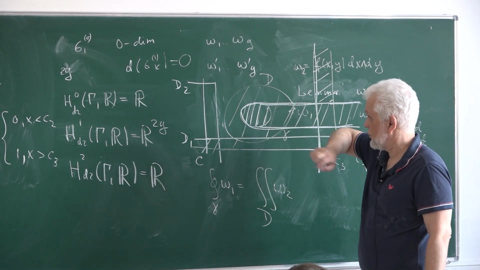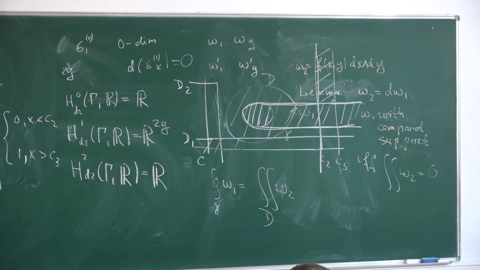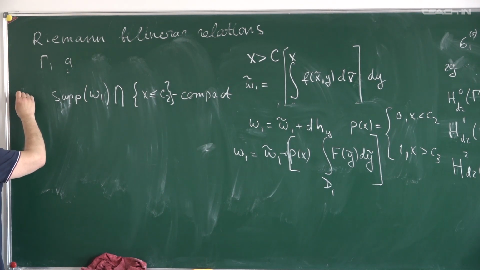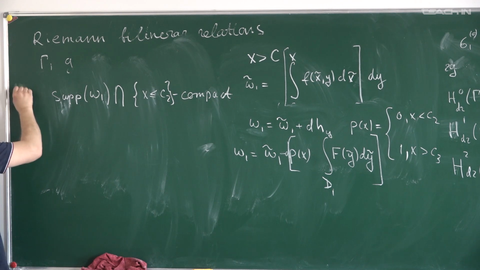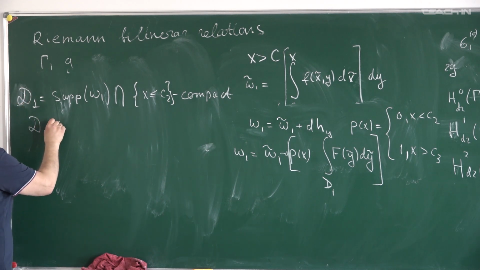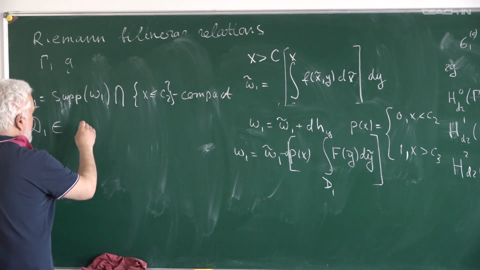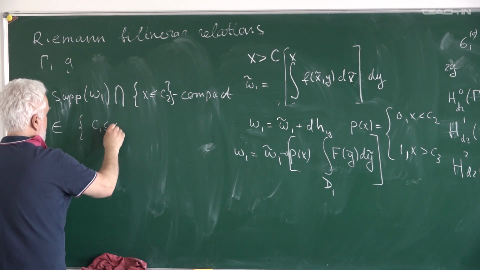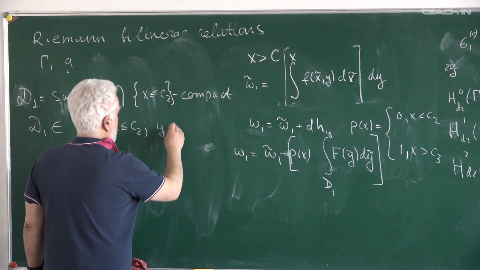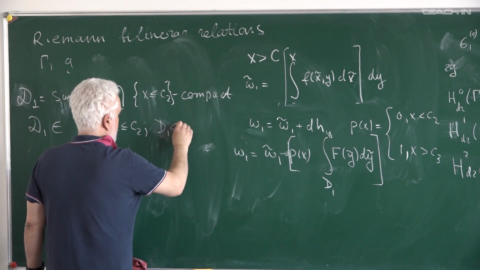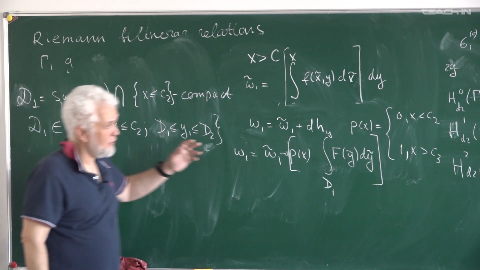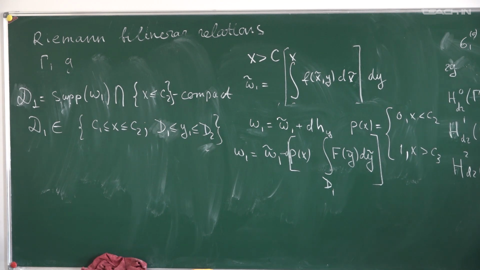Because this set, let's denote it, for example, D1, this area D1, lies inside the square. Therefore it's compact, you see.